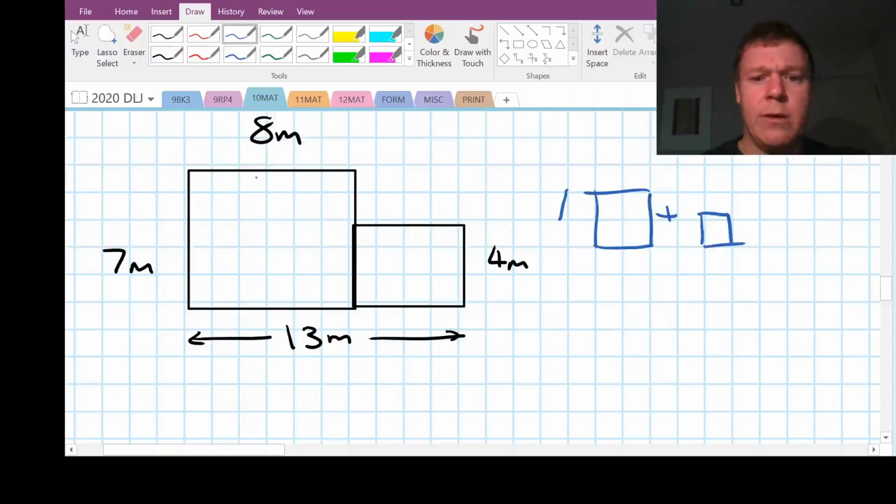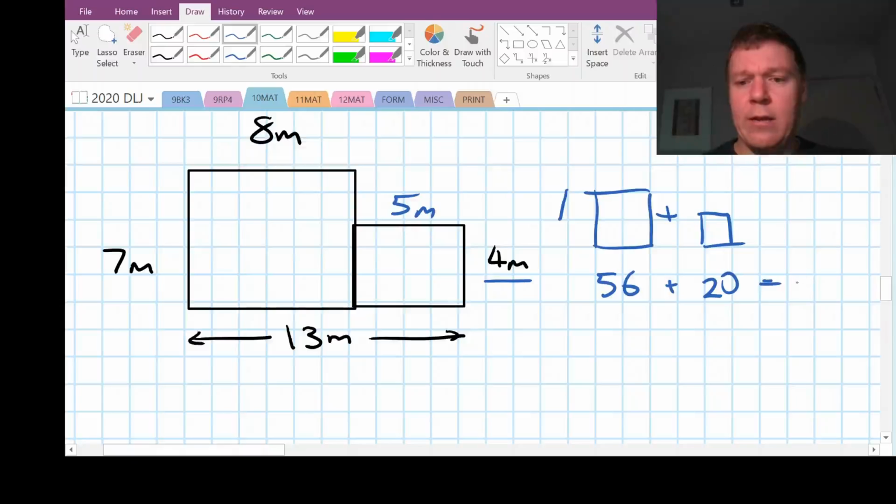So we've got 7 times 8, 56, and our small rectangle, we need to work out this side. We did that earlier, it was 5 meters. So 5 times 4 is 20. So you're going to get 76 meters squared.